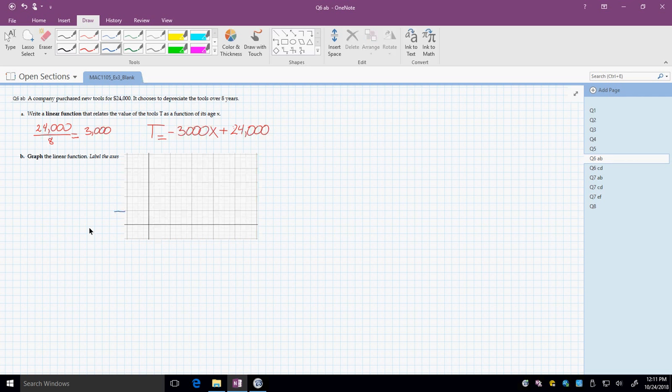We can label here 6,000. And here 12,000. And then there's one here 18,000. And here we have 24,000. That is going to be T, which represents the money.